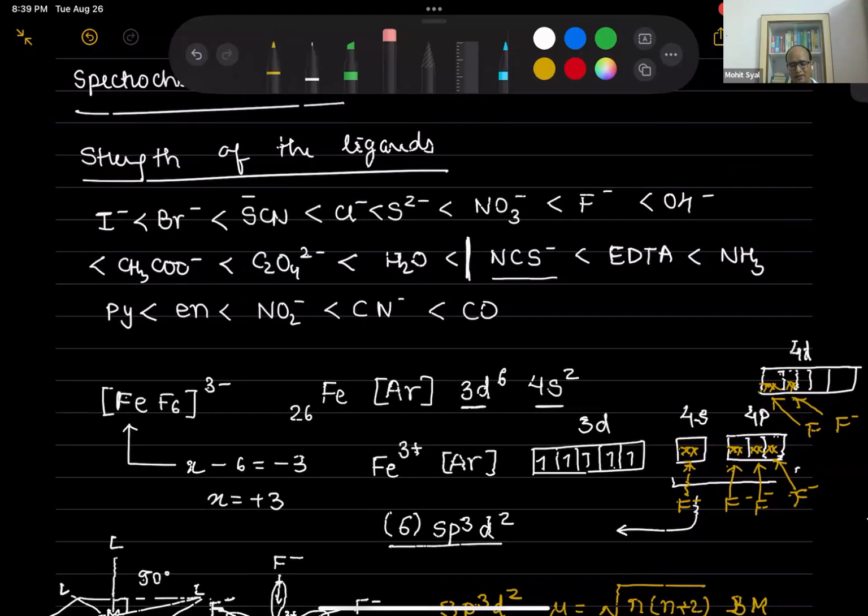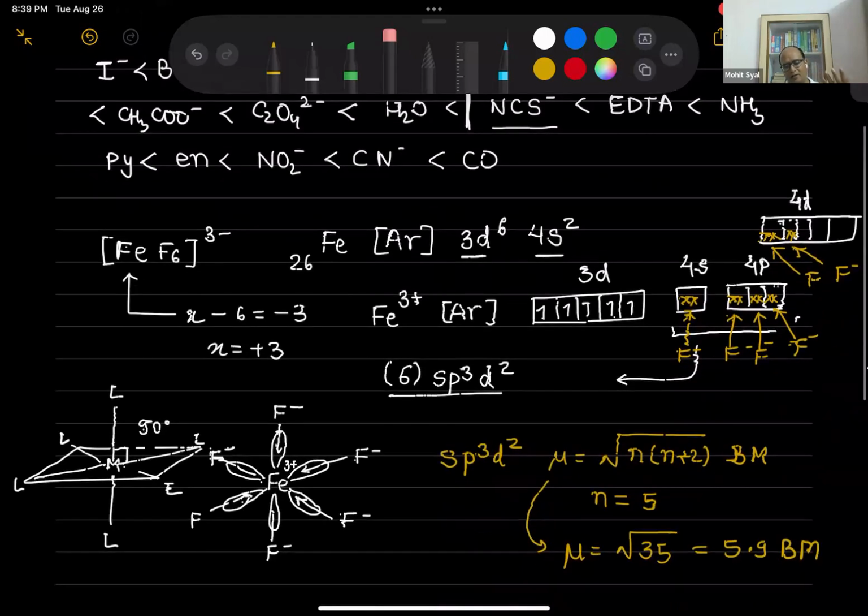Strong ligands will force the unpaired electrons to pair up, and the weak ligands will let them remain unpaired on the metal ion. F minus was a weak ligand, and the unpaired electrons which were there on the iron 3 plus remained unpaired.